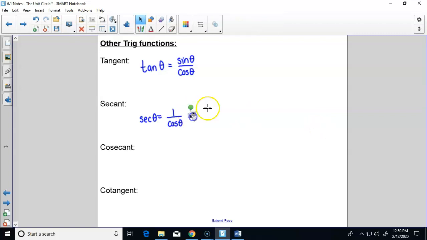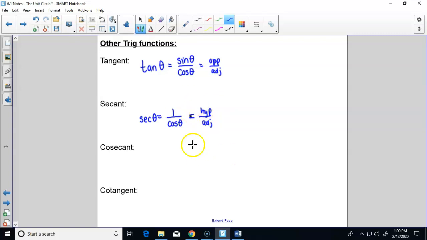In case you're wondering, it is also, like this is opposite over adjacent, this one is also a hypotenuse over adjacent. We won't need that today, but you could possibly need it sometime.